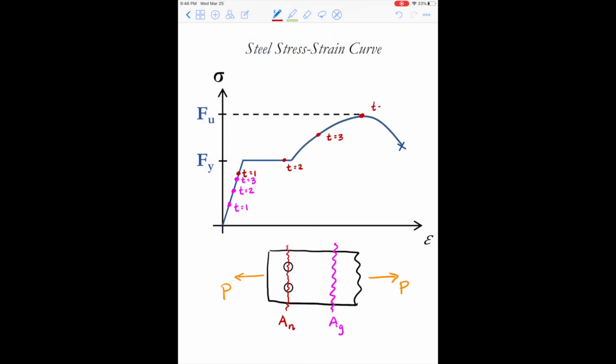At t equals 4, the net section has now reached its ultimate stress, and we still see that we're in the linear elastic range for the gross section. This would cause immediate failure, right? Because now the net section will have exceeded F sub u, and this will lead to fracture. So in this particular instance, this member would be controlled by fracture because the fracture limit state would be more critical.